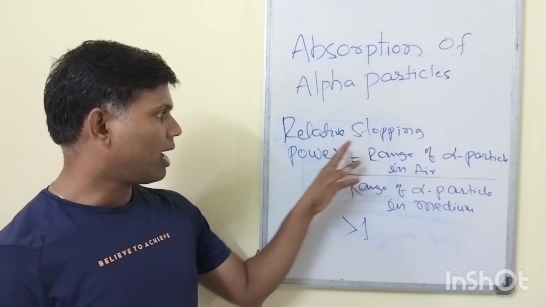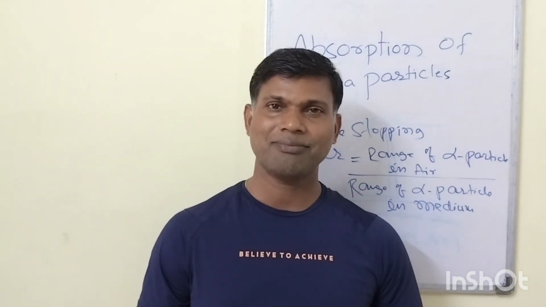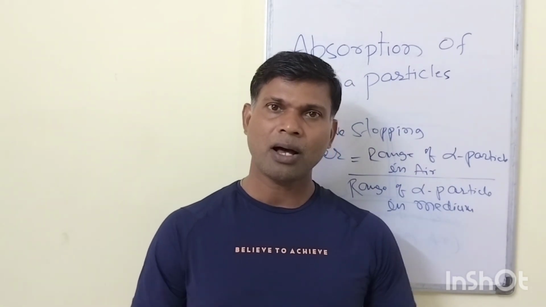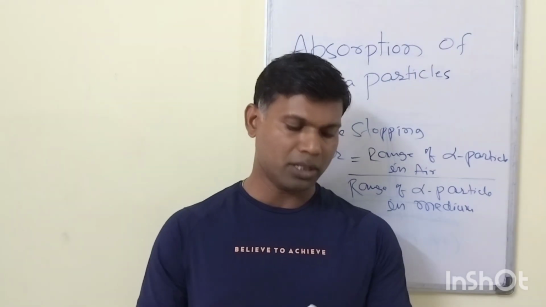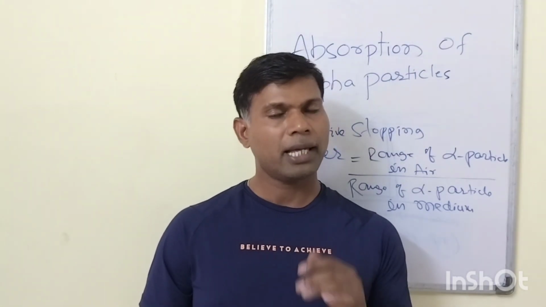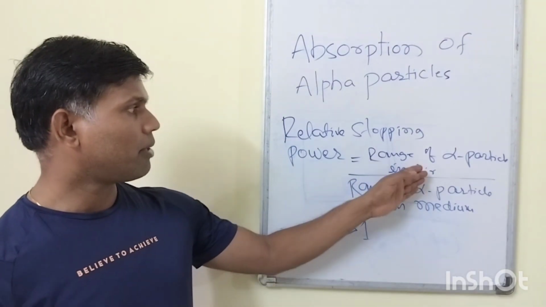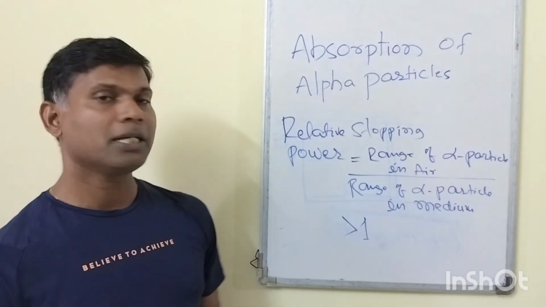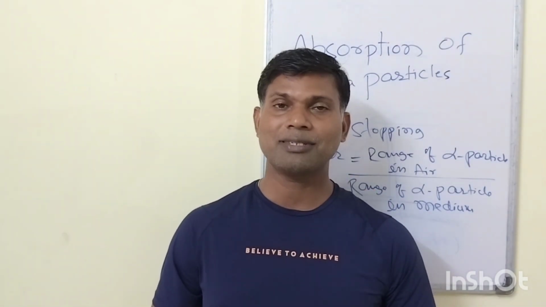For our human body tissue or even paper, it is also around 1000 times. 1000 times means, compared to an alpha particle in air, the range decreases by 1000 times.